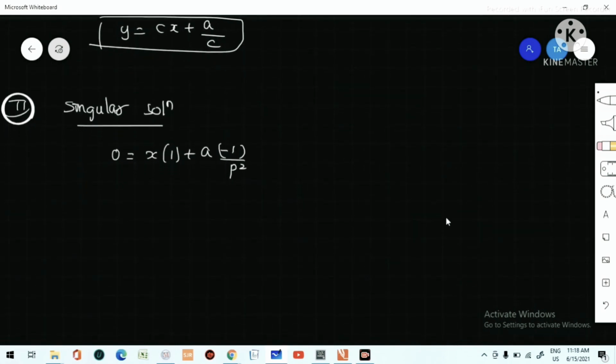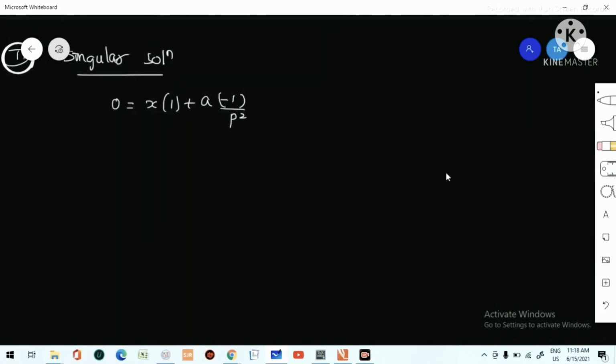What I said: differentiate partially with respect to p and get the value of p. So I have to get the value of p now, so I am writing like this. Is it fine? On the right hand side you have minus a by p square. If you take it to the left hand side, it will be plus a by p square, that is equal to x. Correct?